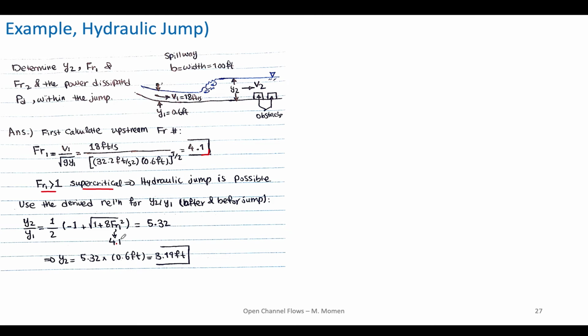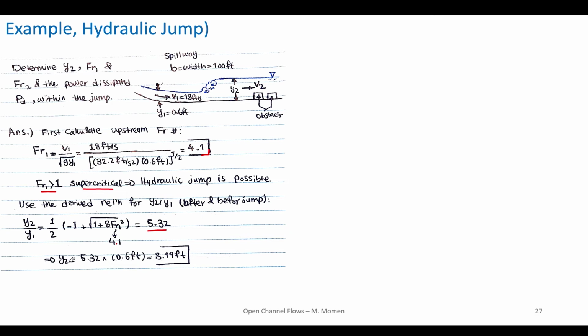So we just substitute it in this formula and calculate the ratio between Y2 and Y1, which is going to be 5.32. Okay, so Y2 is 5.32 times Y1 and larger than Y1.